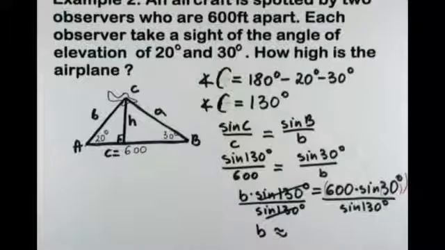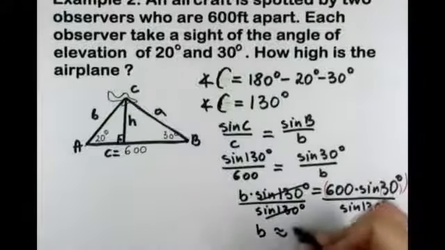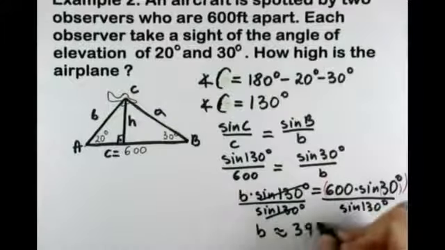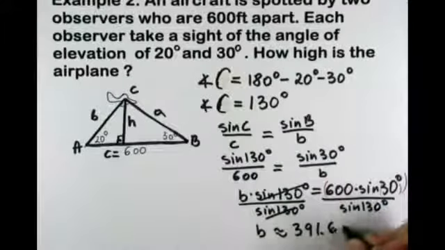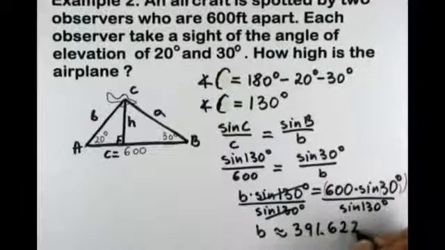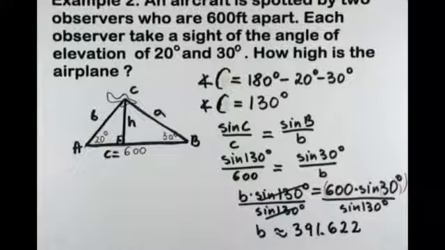So this side is approximately 391.622. Okay, so now we have this side 391.622. We can find the height using the right triangle.